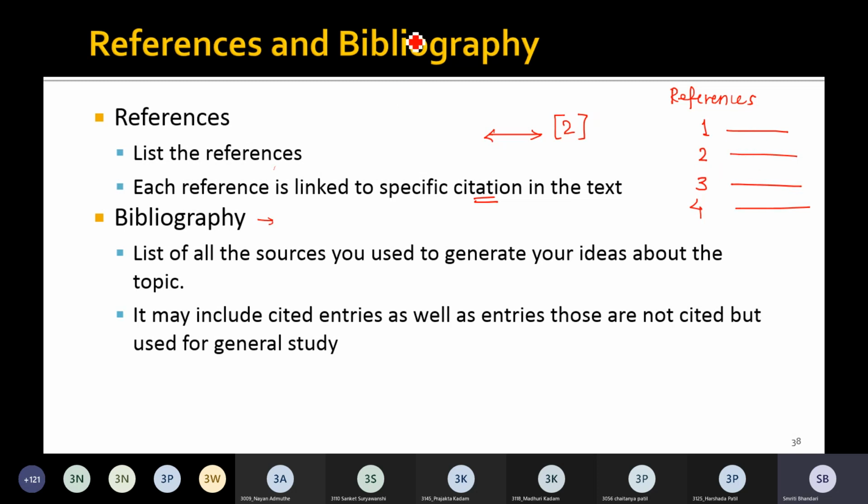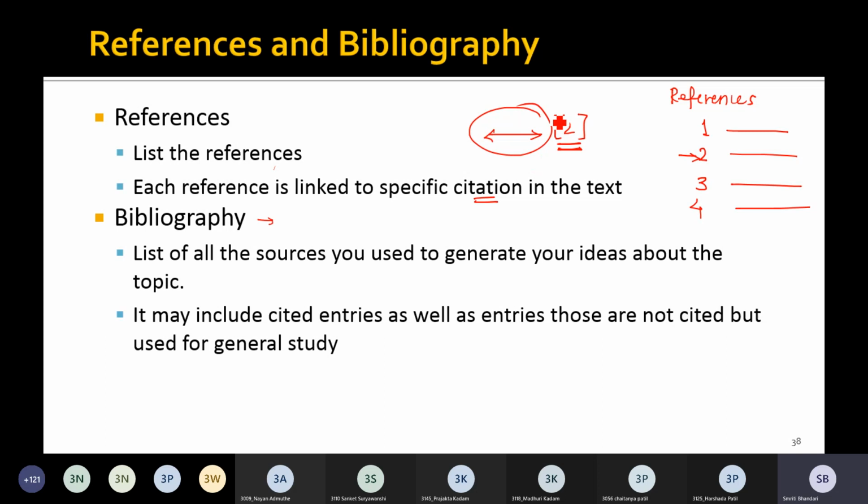Meaning, if I'm using some material from this paper, or from this paper, while writing the proposal, then in the literature review, for example, I have used some material from here, then I'll be specifying which reference I'm using this material from: this word, this text, this concept, this idea.